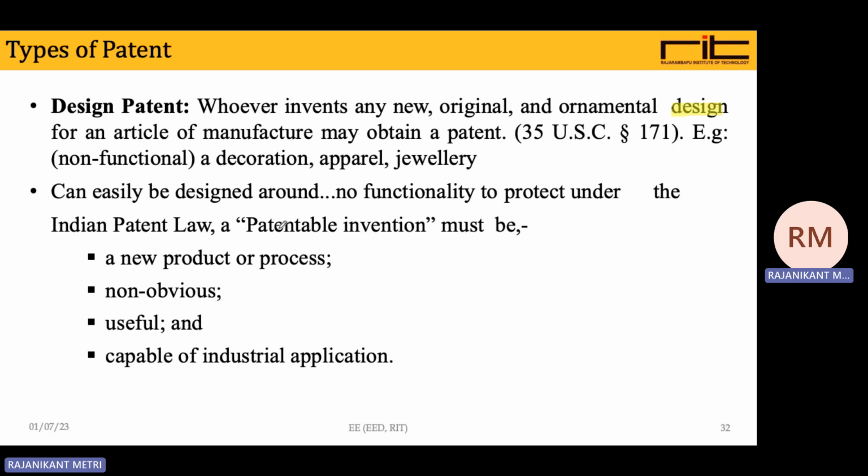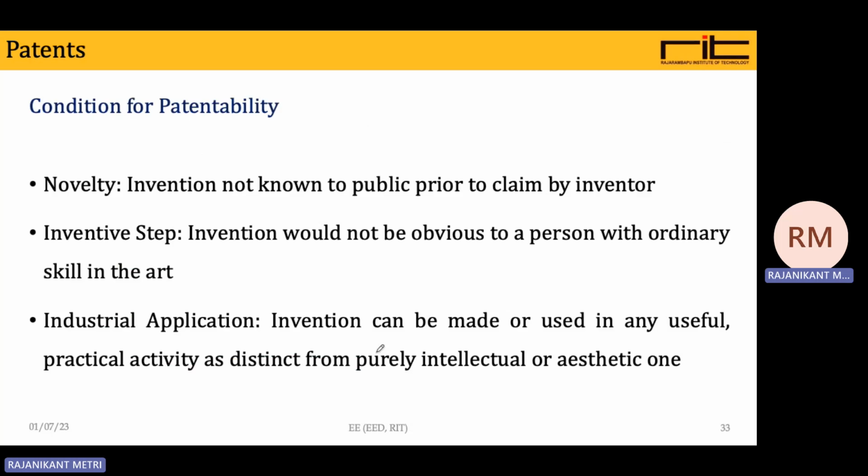A patentable invention must be a new product or process. It should be non-obvious. It should be useful to mankind and capable of industrial application. So it should be useful for the industry.